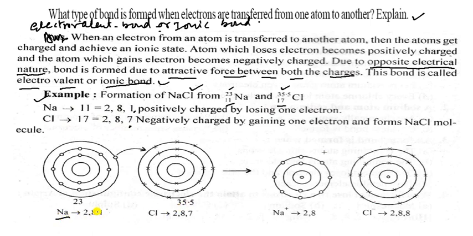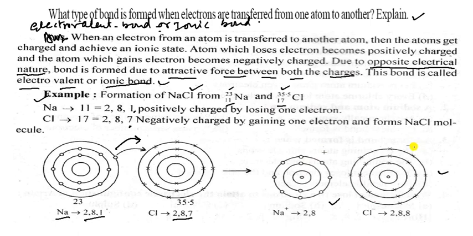Sodium has atomic number 11 and atomic mass 23, and chlorine has atomic number 17 and atomic mass 35.5. So in the dot structure, sodium has the 2,8,1 electron configuration, and chlorine has 2,8,7.